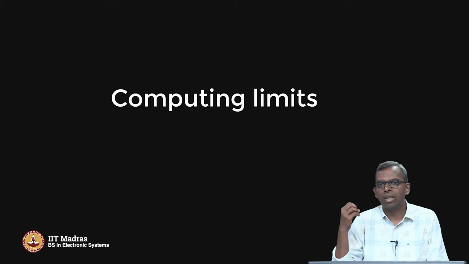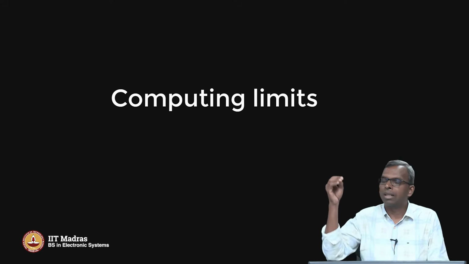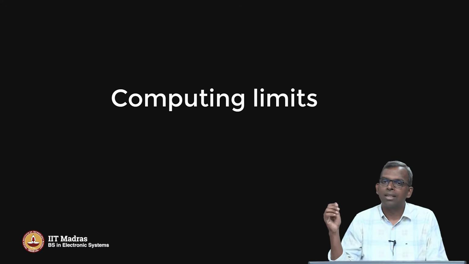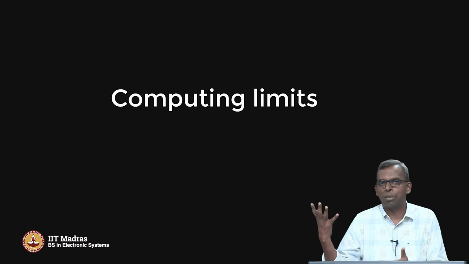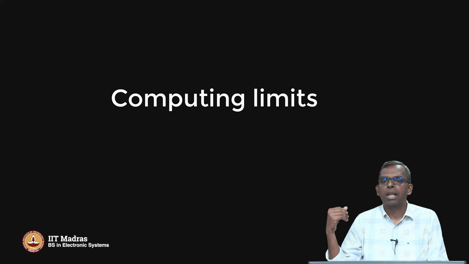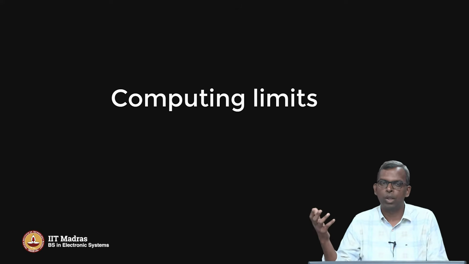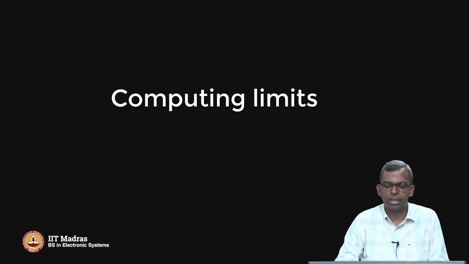So in this class, when I say converges, I mean converges to some finite value. If it goes off to plus infinity or minus infinity, I will think of it as a divergent behavior. It is diverging to plus infinity, diverging to minus infinity. And there can also be cases where there is really no limit at all. None of these three things happen. Okay, so that is the convention we are using in this class.